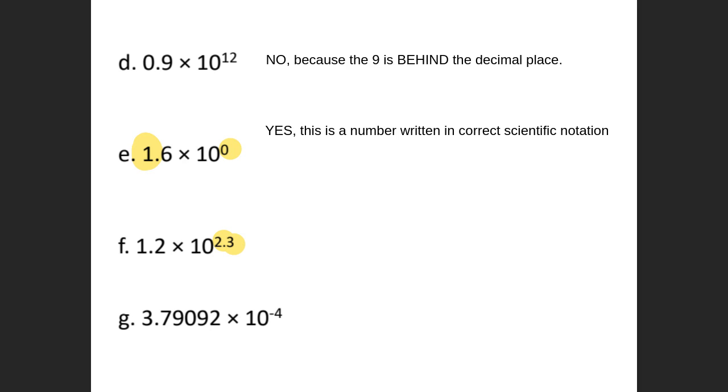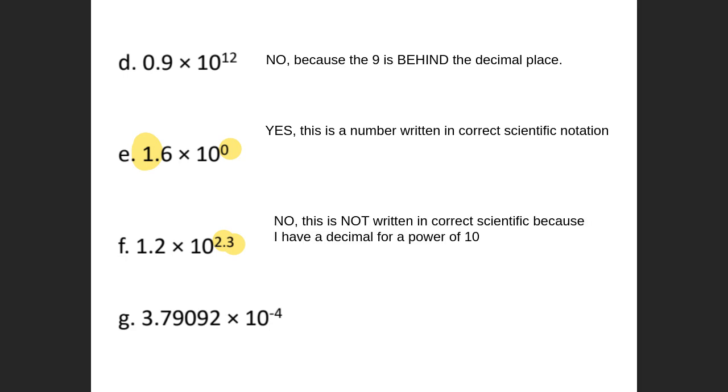Yeah. Now, after you get the whole number for the power of 10, you look at 1.2. Well, 1.2 is correctly written, but the power of 10 is not a whole number. So this is not written in scientific notation, because I have a decimal for a power of 10.